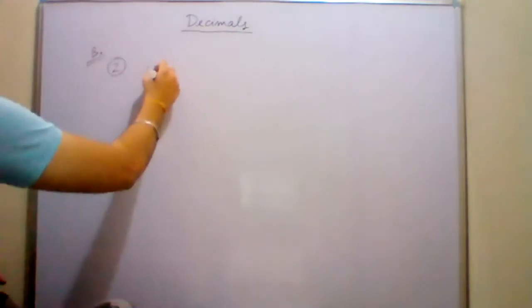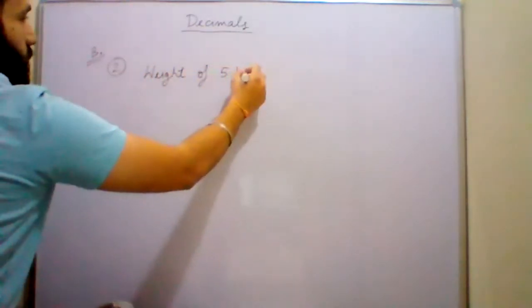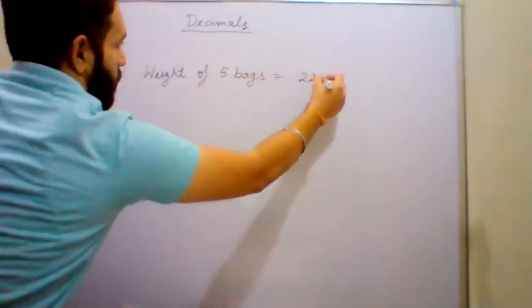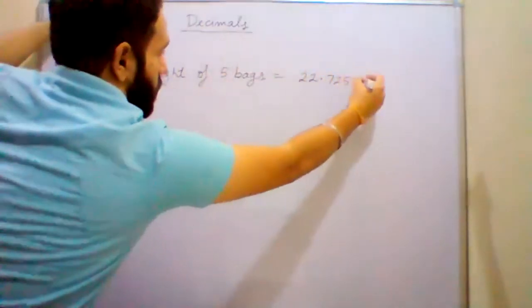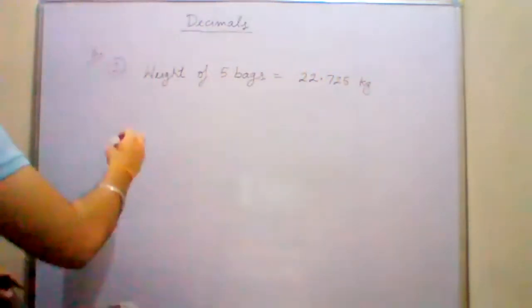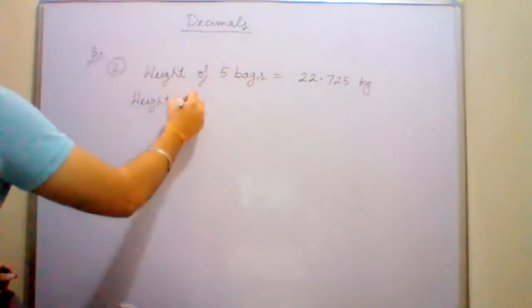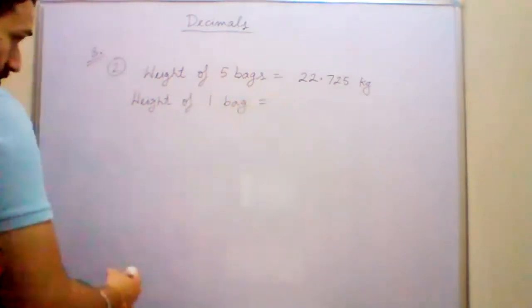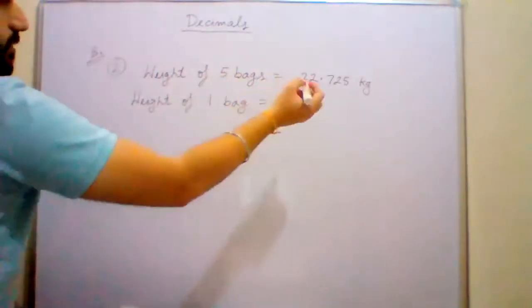So the weight of 5 bags of rice is 22.725 kgs. Weight of one bag: weight of more bags is given and weight of one bag is asked, so you have to divide.